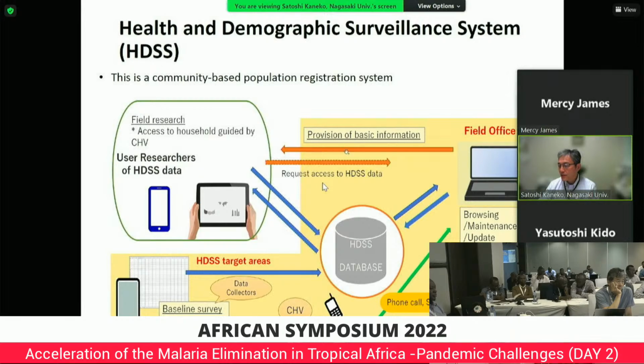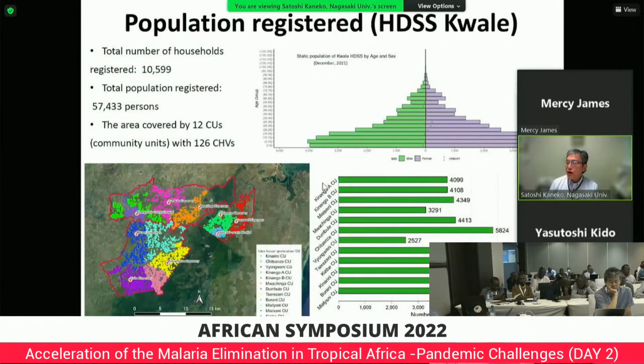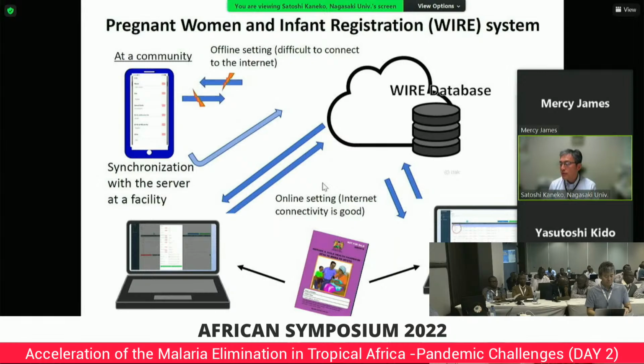With this system we are doing some epidemiological studies, and also we are now developing a study on human and newborn babies. This one also uses a computer system, cloud system.